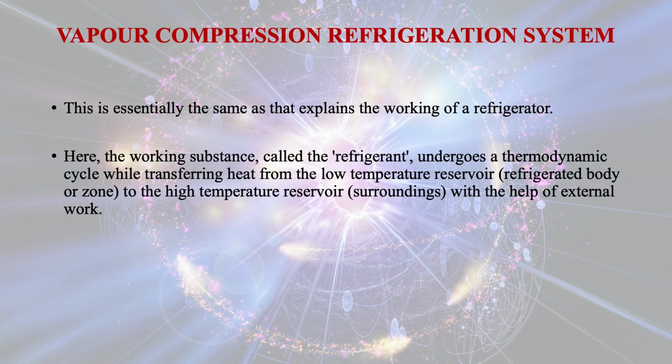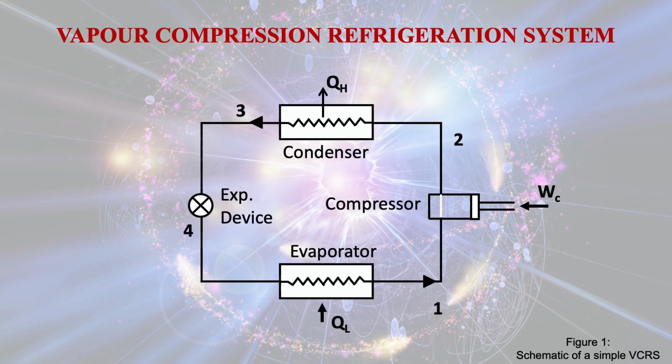Here, the working substance, called the refrigerant, undergoes a thermodynamic cycle while transferring heat from the low temperature reservoir to the high temperature reservoir with the help of external work.